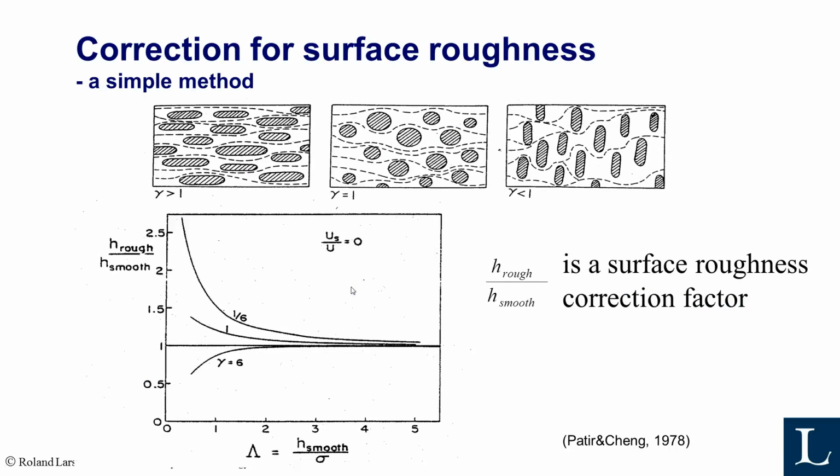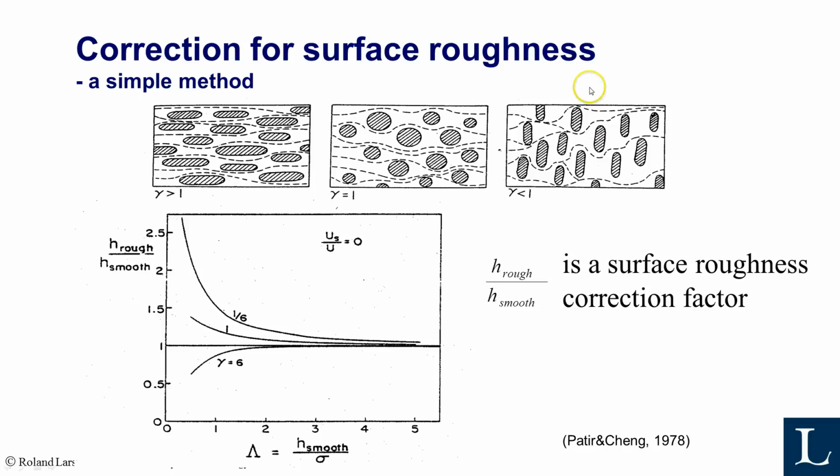The first paper, at least I am aware of, is the one by Patir and Cheng in the 70s. They tried to correct for the surface roughness, so they came up with a diagram of this type. Here you can see the film parameter down here, and they were able to model the effect of roughness and the roughness lay. In this case, the roughness is along the direction of motion, longitudinal roughness, and in this case it's across the way it moves, sliding or rolling, so the roughness is transversal.